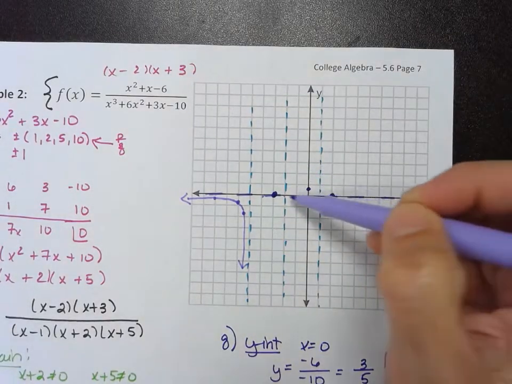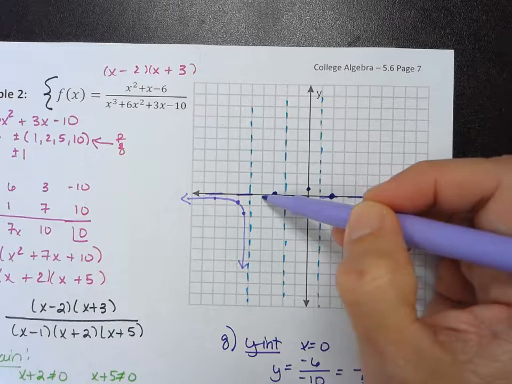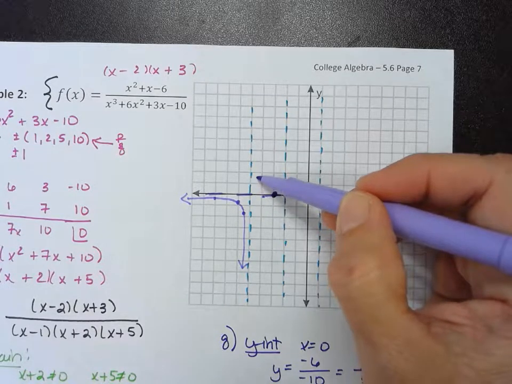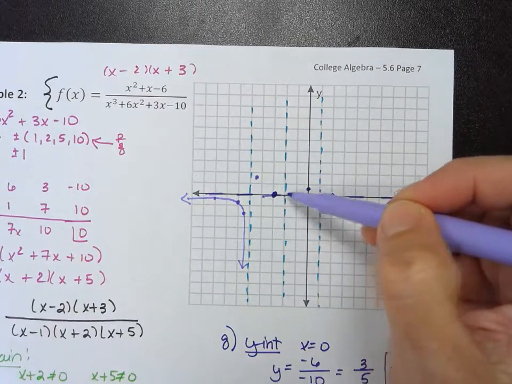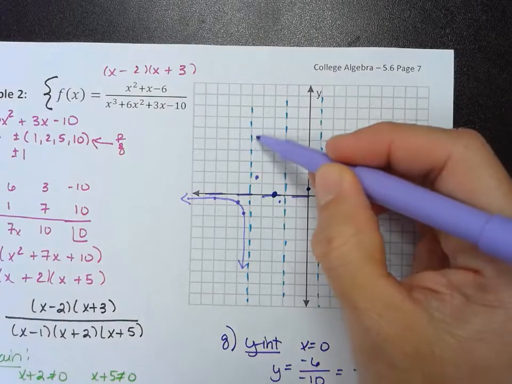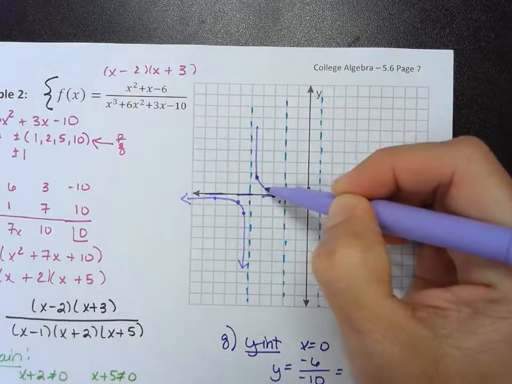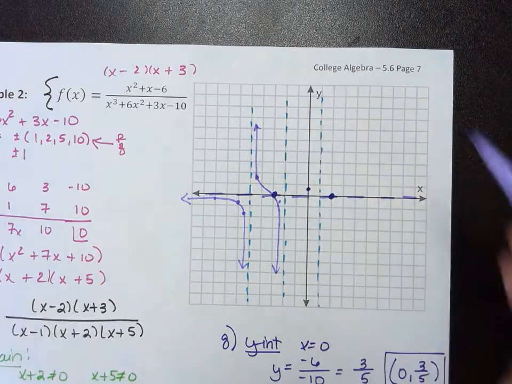So then we have 2, 3, 4.5, 1.4, -2.5, -0.5. So this one looks like it might be doing this. Kind of missed that point, but you get the idea.